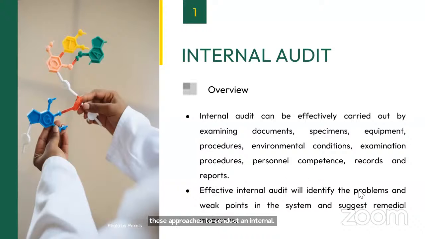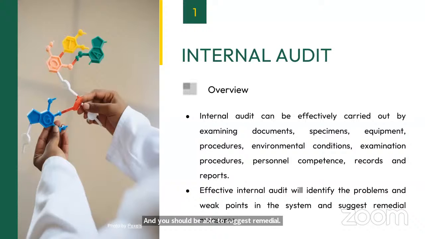Effective internal audit will identify the problems and weak points in the system and suggest remedial measures. So internal audit is not only finding the problems, finding the faults. You should have that positive approach where you identify gaps in the processes, deviations from the processes, and you should be able to suggest remedial measures.